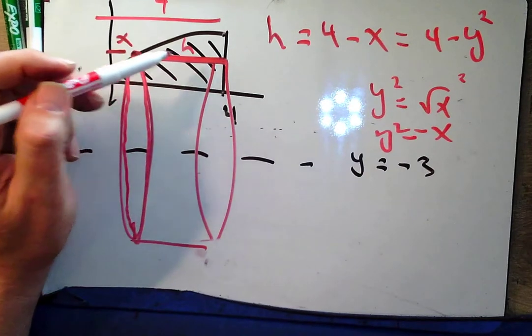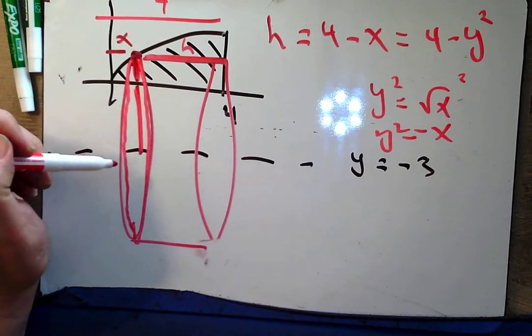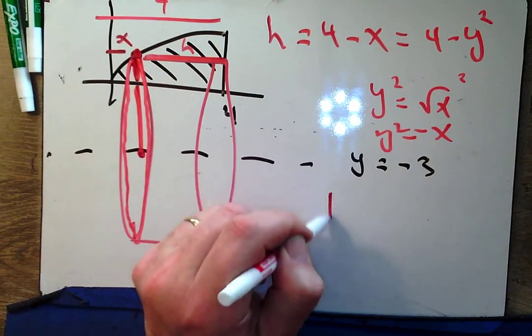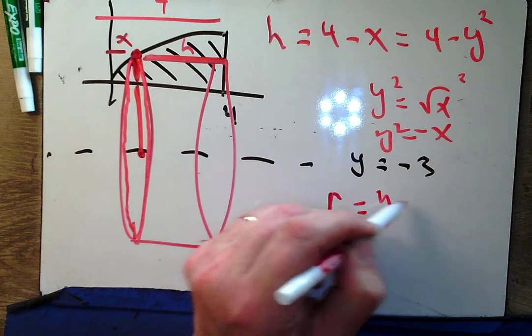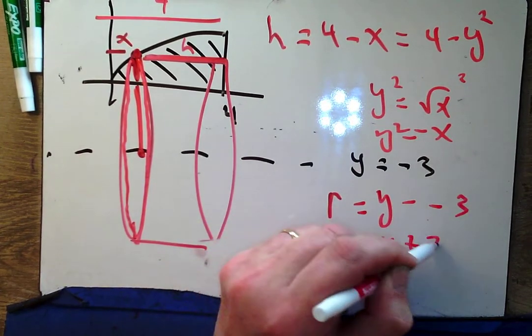Our radius is this plus this, or top minus bottom. So r is y minus a negative 3, or y plus 3.